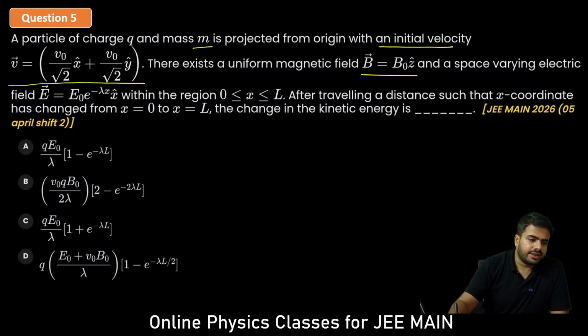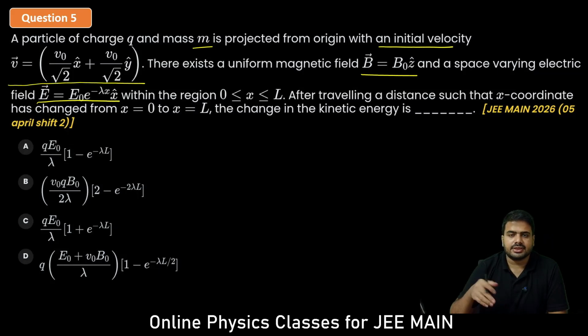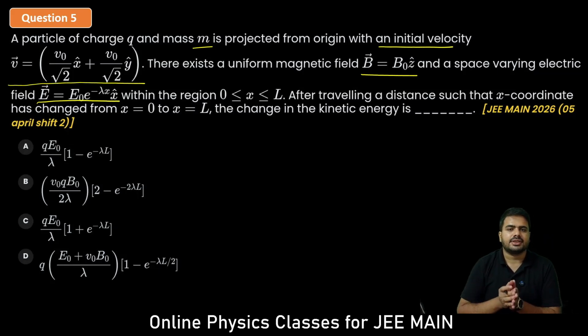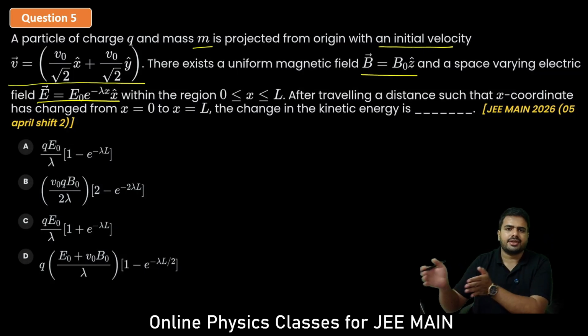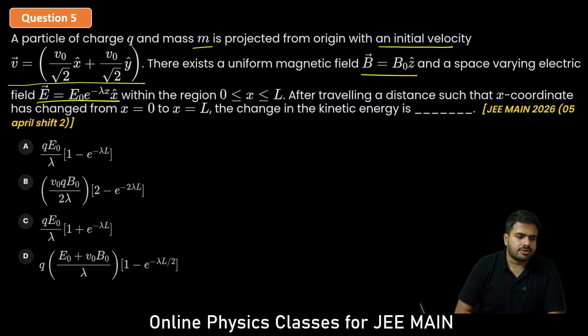So here they are saying that the electric field is variable in nature. Space varying means as we change the position, the electric field also varies, in the region from 0 to L. Okay, this is the zone for which the electric field is varying.